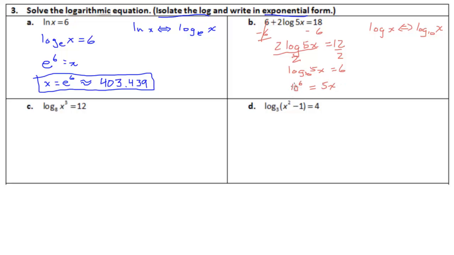This is a million, 1 followed by 6 zeros, is equal to 5x. And if we divide both sides by 5, we get 200,000 equals x.